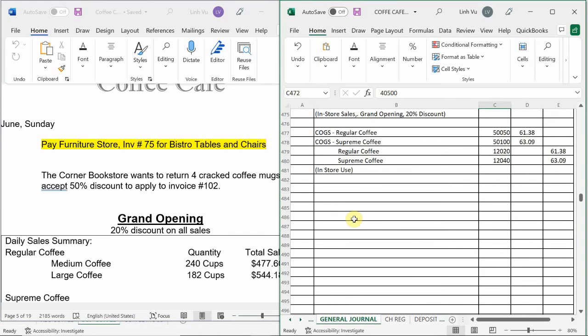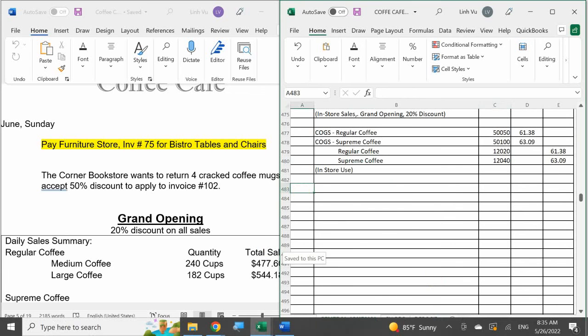Okay, so it says here that we are going to make a payment to furniture store, invoice number 75 for the bistro tables and chairs. So we need to make a payment to furniture store for the bistro tables and chairs.